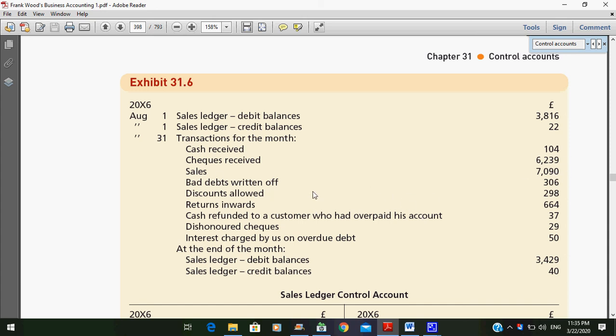Balance written off is 306. Discounts allowed is what? 298. Return invoice is what? 664. Cash refunded to a customer who had overpaid his account is what? 37. Dishonored checks 29. Interest charged by us and it is 50. At the end of the month, debit balance is what? 3,429. Ledger credit balance is what? $40.